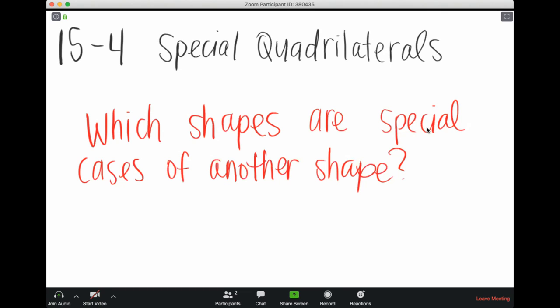So top and bottom are parallel, left and right are parallel, and also opposite sides are equal in length. So top and bottom are the same and side to side are the same, and they also have 4 right angles. So all 4 of those angles are 90 degrees. So the best answer for that shape is a rectangle.